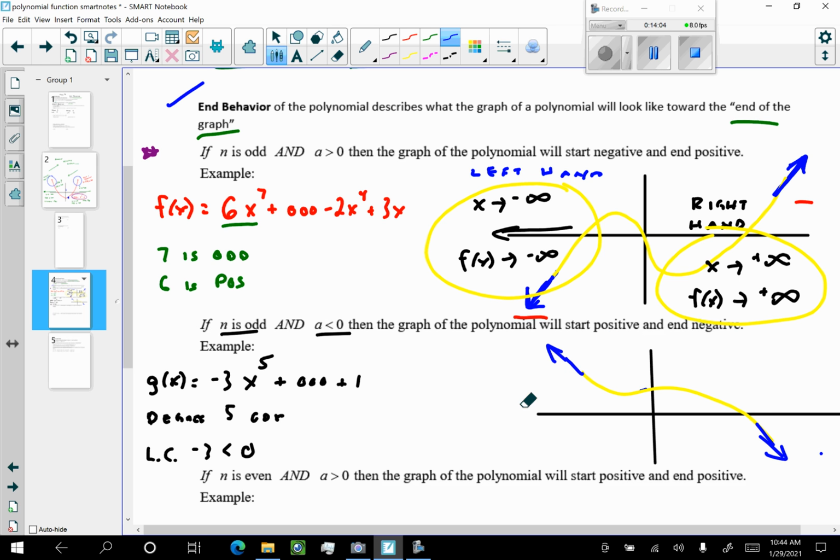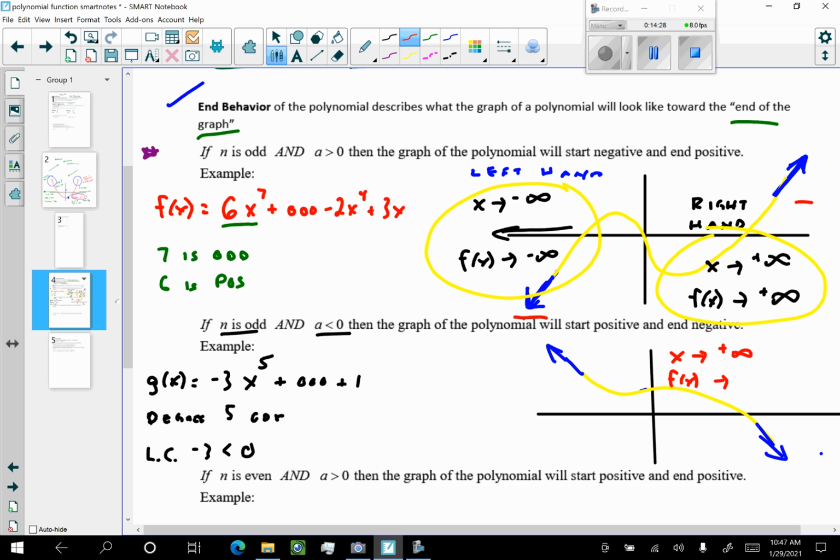That's what starts positive and ends negative is all about. And we're going to make two statements. So we're going to make this statement here again. And what's going on? Well, as x goes to positive infinity, what's happening to the function values?